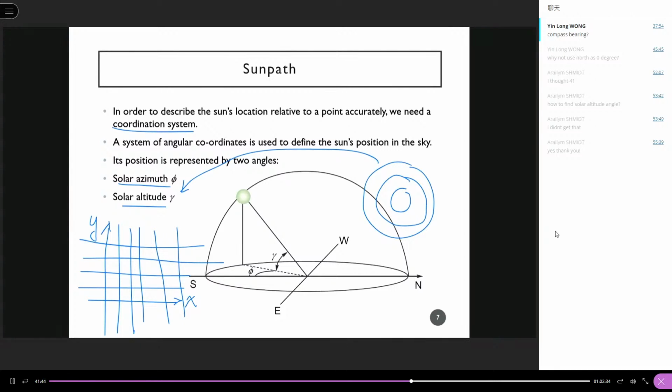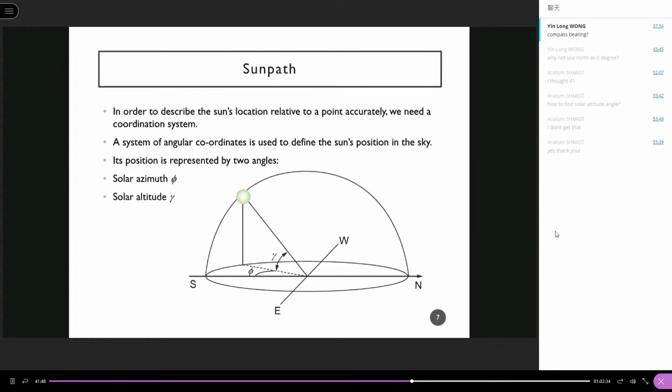Let me erase these. It's just like I have one point, and this point represents a solar altitude angle of 90 degrees. And then I have this big circle representing a solar altitude angle of 0.